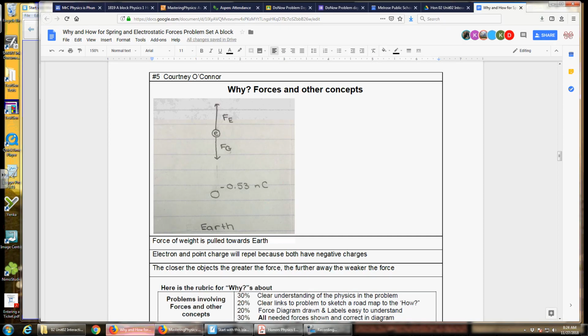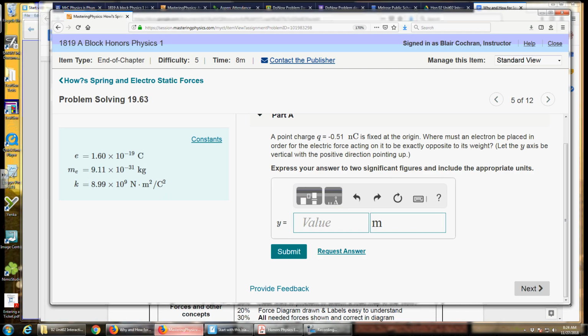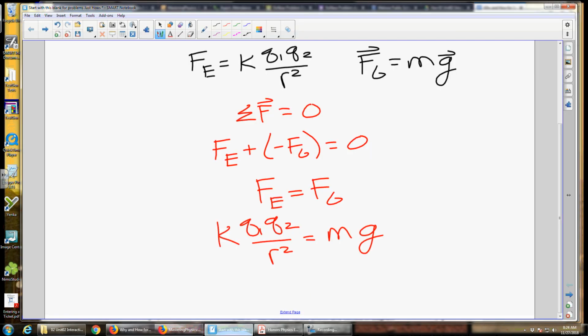And I'm looking for, let's see, I want to know how far apart they are. So I'm looking for my separation, which is my R, right? So at this point, I could either substitute in all my values, or I could rearrange for R, right?